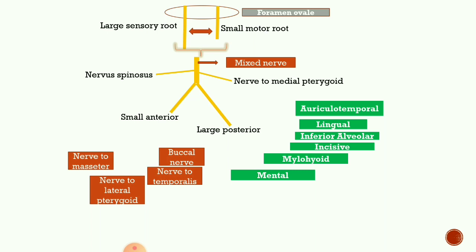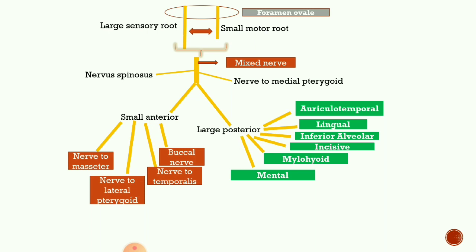So this small anterior branch gets further divided into four branches, that is nerve to masseter which supplies the masseter muscle, then nerve to lateral pterygoid, nerve to temporalis and buccal nerve. Whereas this large posterior branch gets again subdivided into auriculotemporal nerve, lingual nerve, inferior alveolar nerve, incisive nerve, mylohyoid nerve and mental nerve.